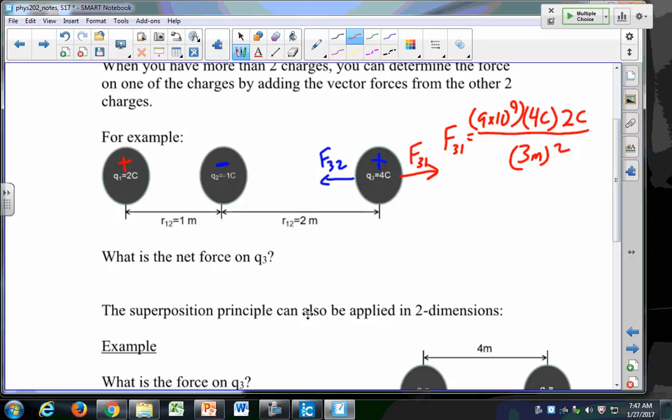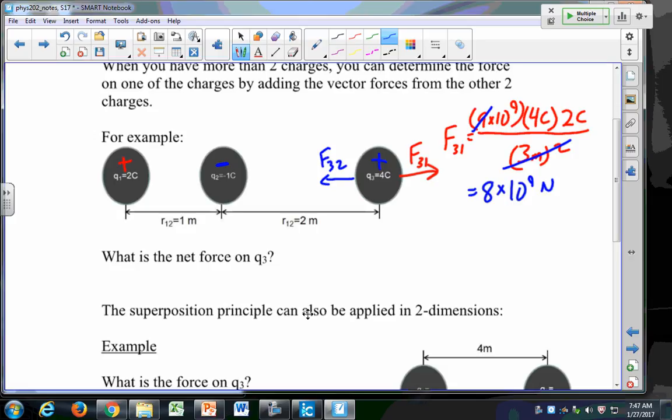And so I get some things that cancel out, and I get 8 times 10 to the 9th newtons. Notice I use coulombs for charge. A coulomb is a whole heck of a lot of charge. I just did it to make the numbers work out easily. But on the test and in your homework, you'll find that we use nano or micro coulombs to designate charge because that's just more physical, more realistic.